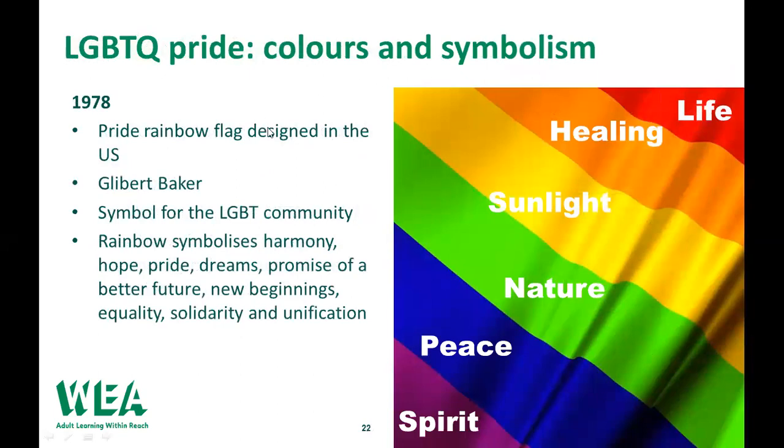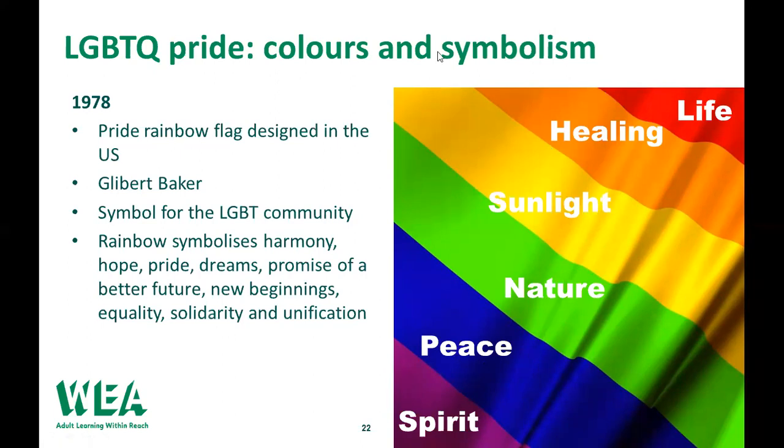I'm going to move on to the LGBTQ pride colours and the symbolism that's represented here. So the LGBTQ pride, as we're in LGBTQ History Month at the moment, each of these colours represents a certain element, and the Pride rainbow flag was again designed in the US, came over from the US by Gilbert Baker in 1978, and it's a symbol for the LGBT community.